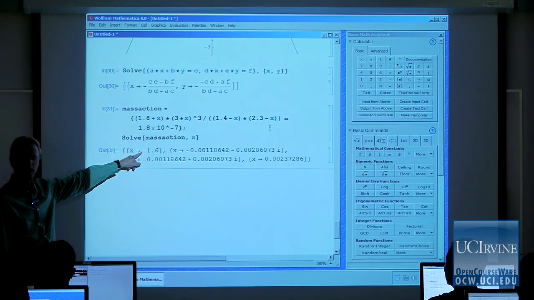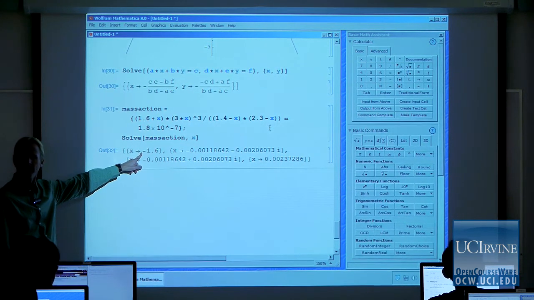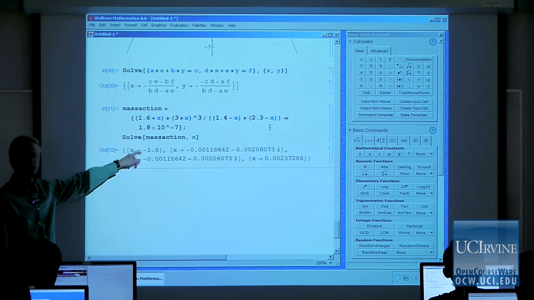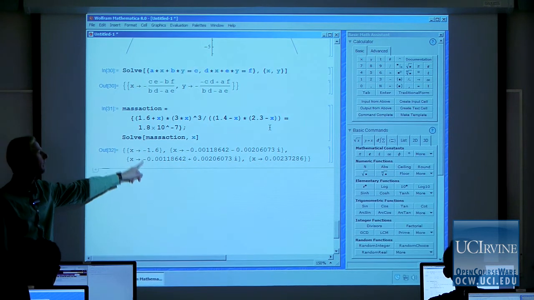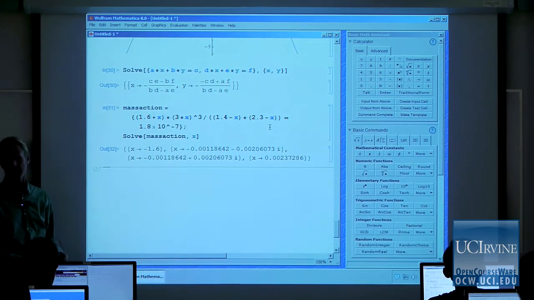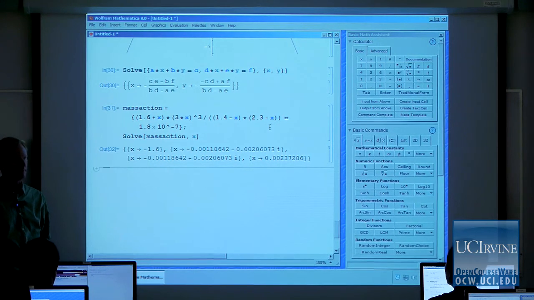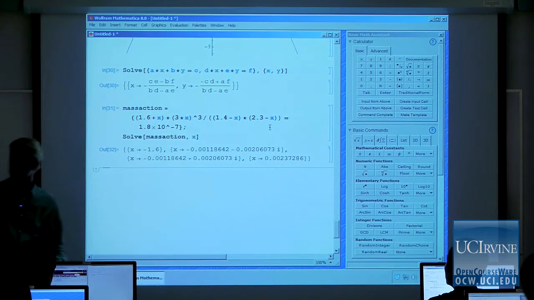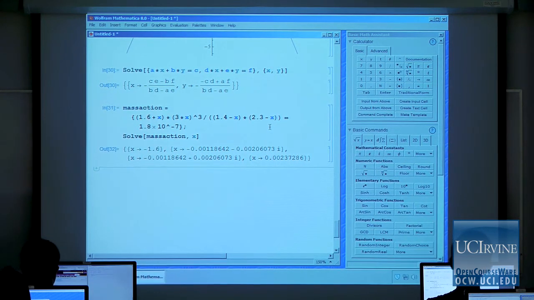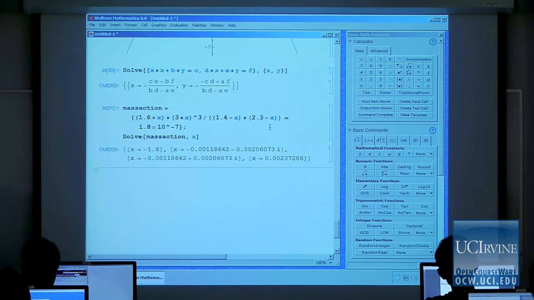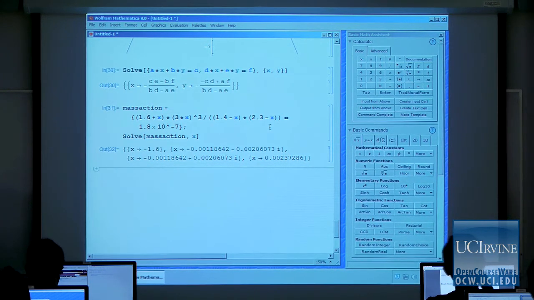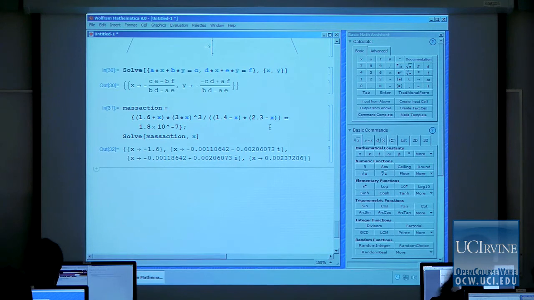No. Why? I can't have negative pressure of hydrogen, right? Okay, so that means the answer is the last one. Okay? So then let's go ahead and see how we can pull the root out and calculate the equilibrium pressures of all of our species.